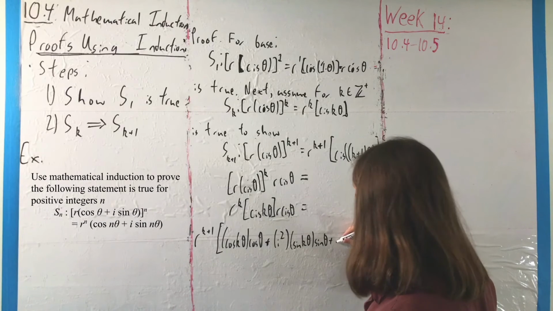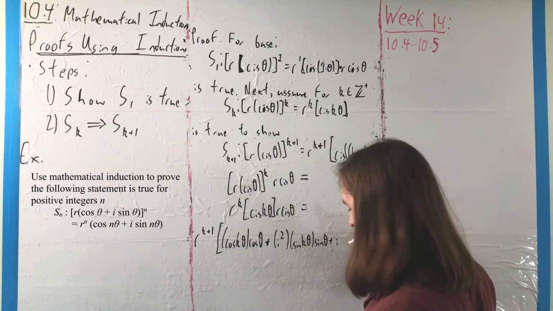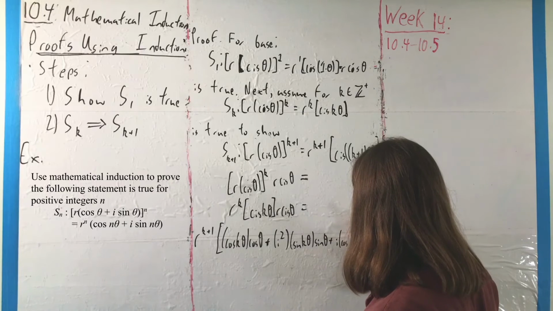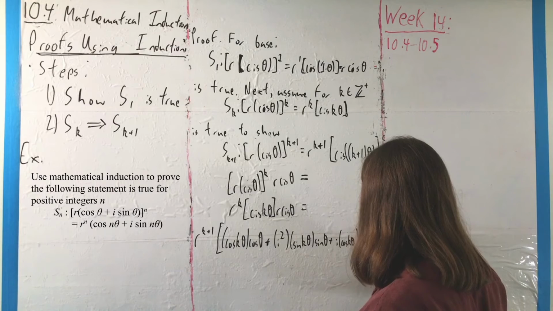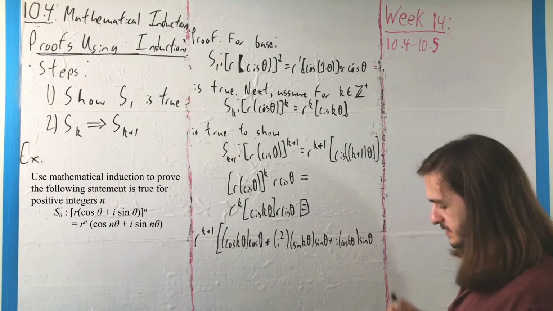plus, oh boy, i times cosine k theta, sine theta. I'm just going to put a box around that equal sign to notate that it's coming back around.